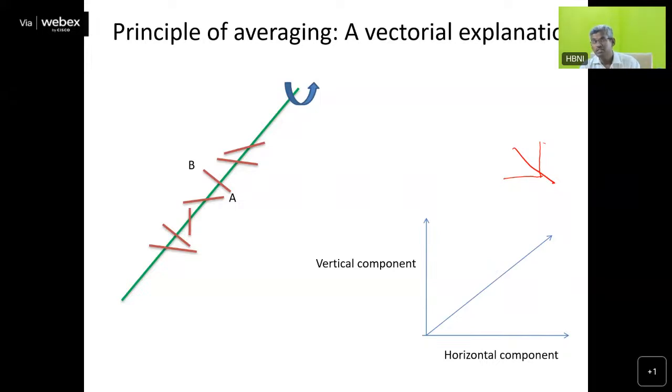So what we have achieved is that the randomly oriented bond vectors, mentioned as A, B, BC, let us say this is BC, this is B, and this is C, all of them, if you rotate fast along an axis, the horizontal component will align along the green line and the vertical component will cancel each other.